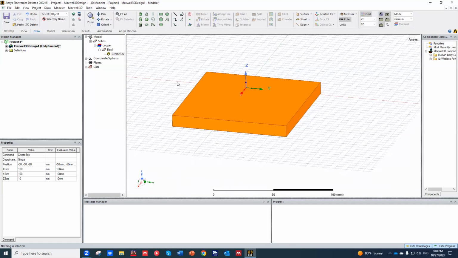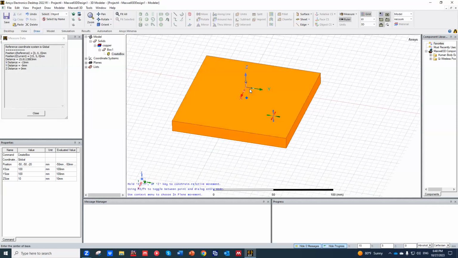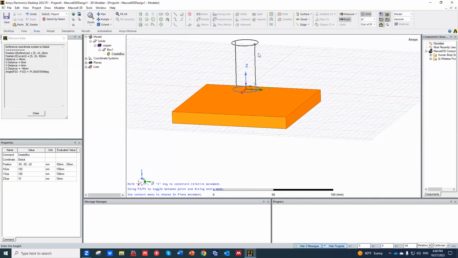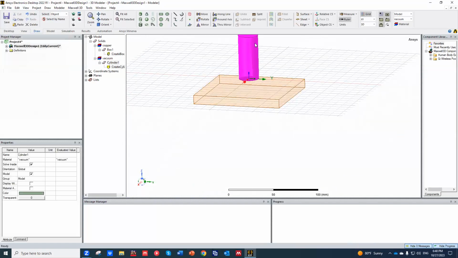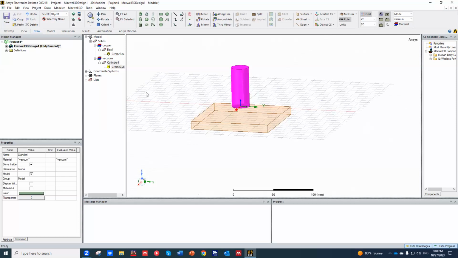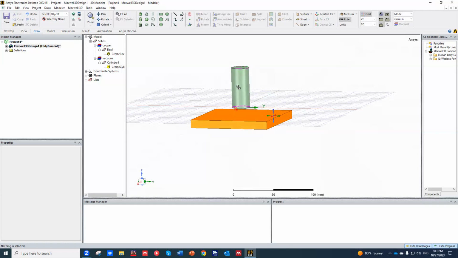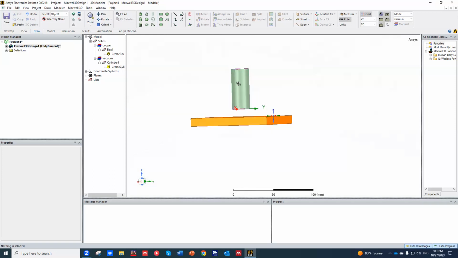So the next step is to create a coil. In order to create a coil, I draw a cylinder with the base in this XY plane oriented along the Z direction, like this. So this is the outer surface, or outer area, of the coil.